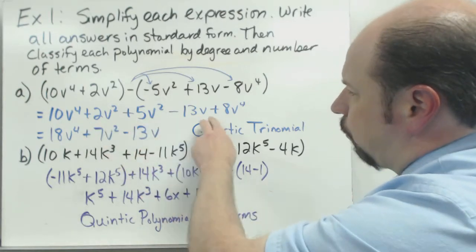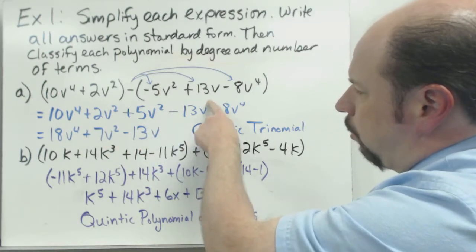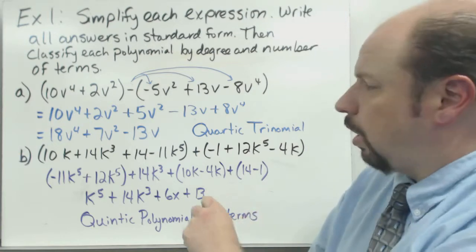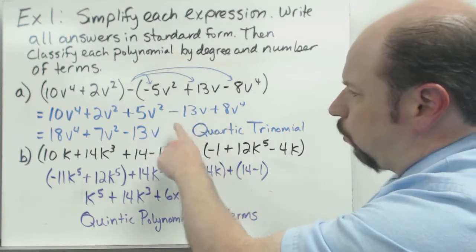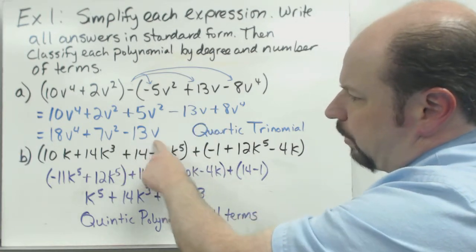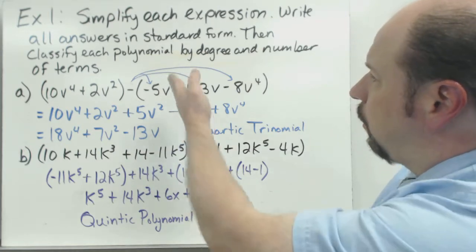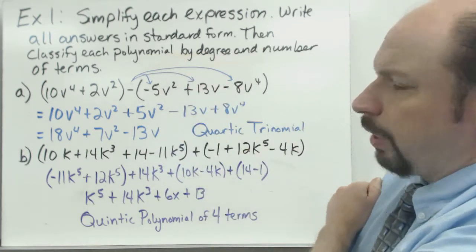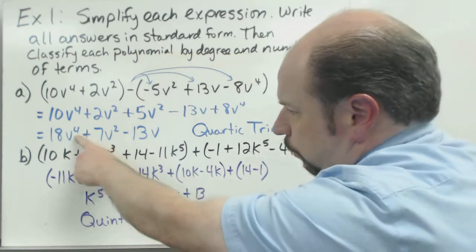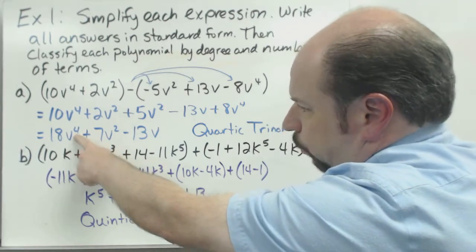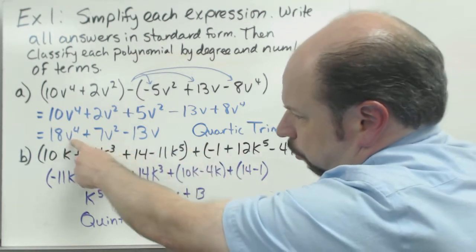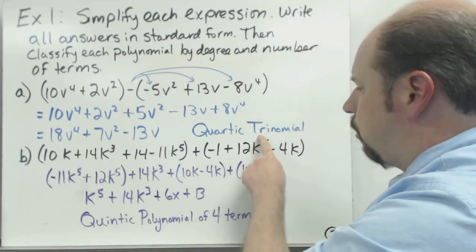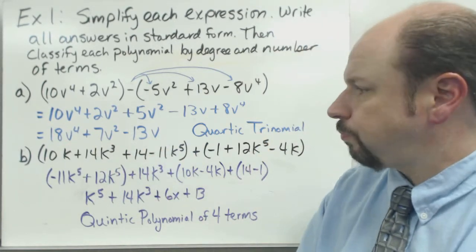And there is no other term with an exponent of 1 on it. We don't have to write that in, of course, but it's there, so minus 13b. Remember, we do need to classify it by degree and number of terms. It is a quartic because it's a fourth degree. There are 1, 2, 3 terms, so it is a trinomial.